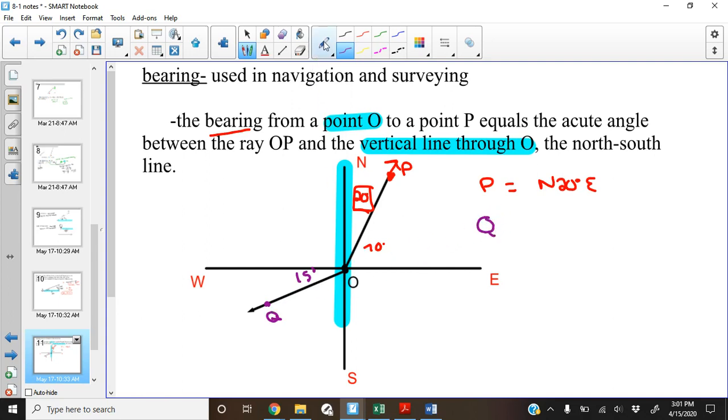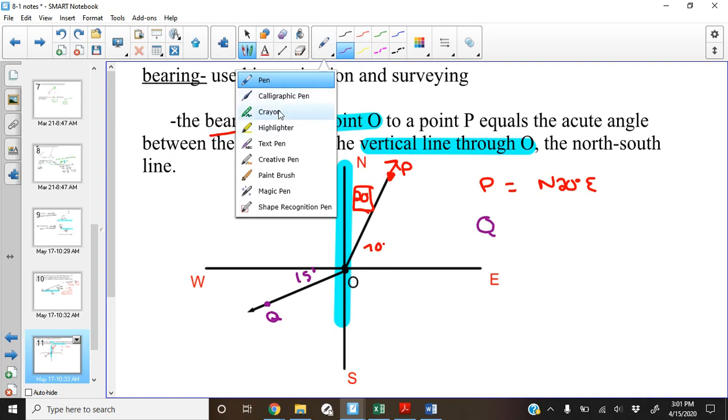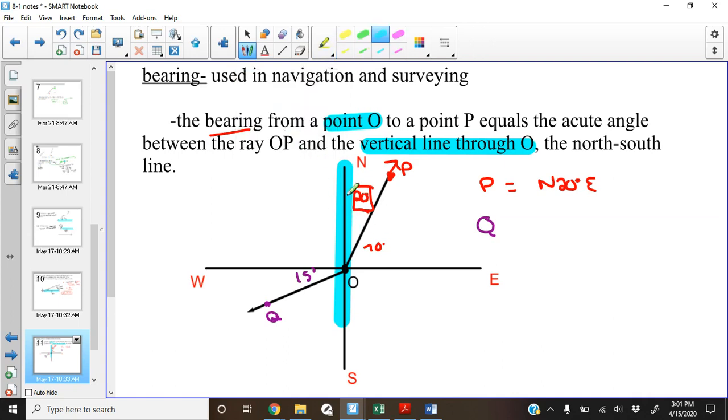Now again, we have to always do it from the vertical line that goes through O, right? So from O, the vertical line through O to that point Q. Well, that's this vertical line to that ray containing Q. Well, again, we have to subtract from 90 to get that this is 75.